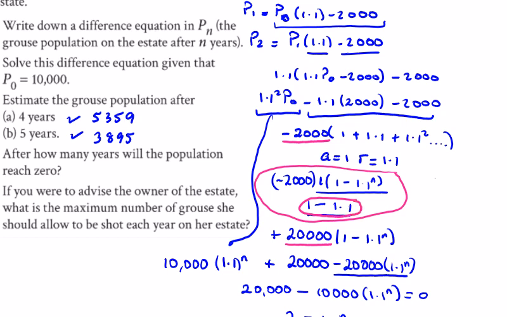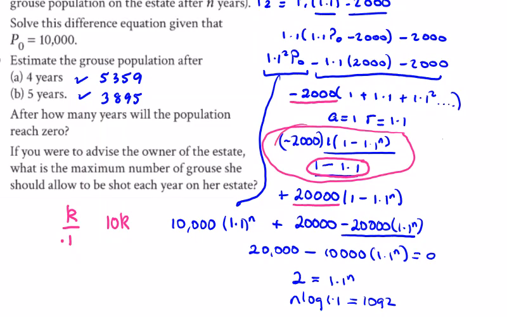So if we call the amount being culled K, divided by 0.1, that's going to give us 10K. So we can rewrite the expression with 10K instead of the 2,000 in there. So it's going to be 10K times 1 minus 1.1 to the power of n, and then this 10,000 1.1 to the power of n.